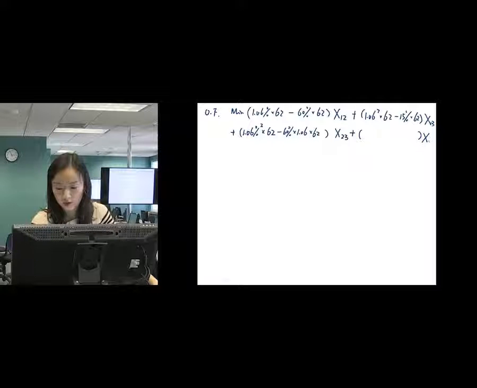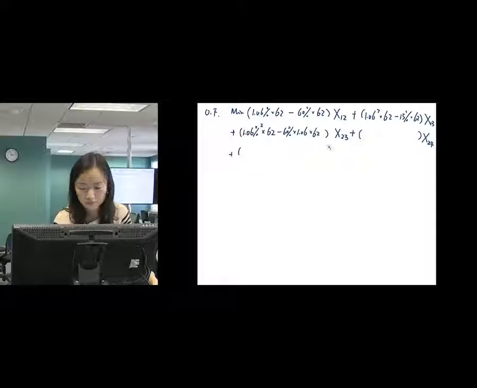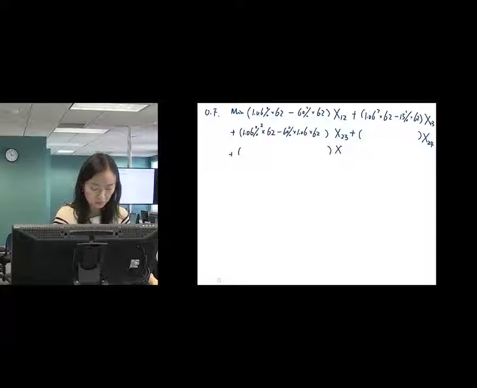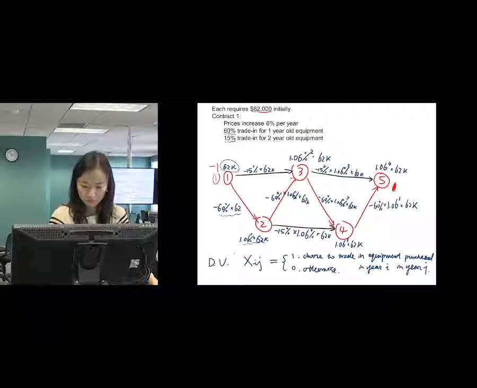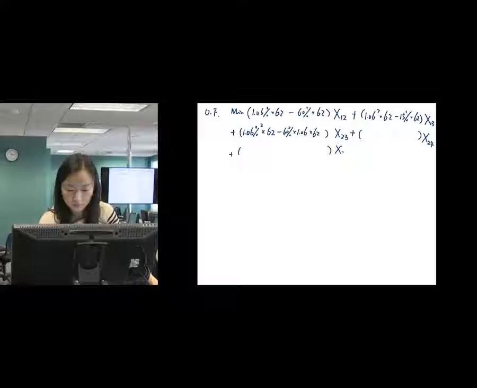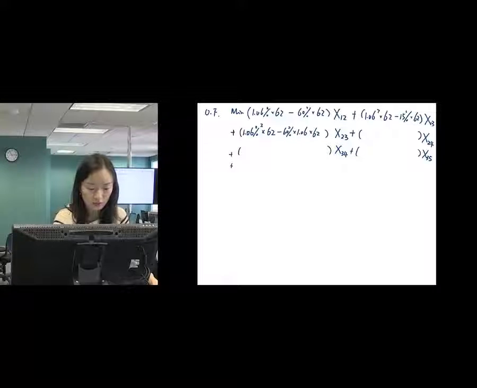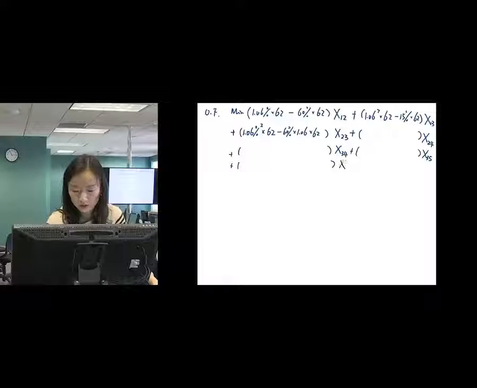x23 and x24, plus the x34. So 23, 24, and 34, 35. And the last one would be x45.